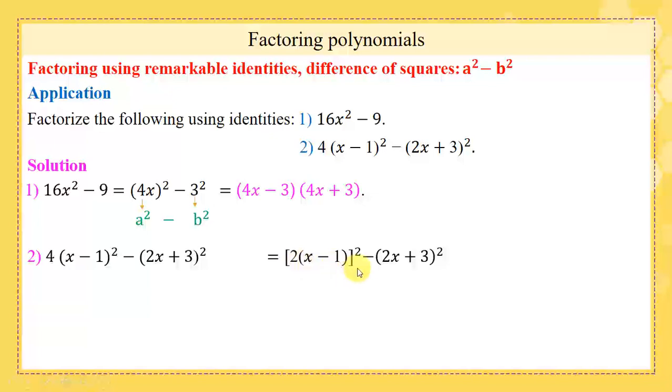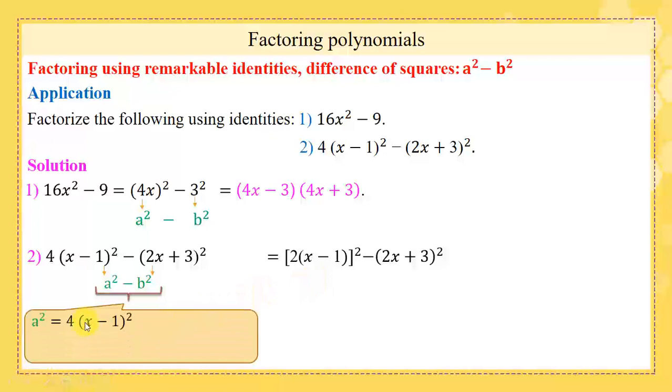Now we have a square minus a square, a difference of squares. Here, let us identify the term a and the term b. The term a squared equals 4x minus 1 squared, then a is 2 times x minus 1. The term b squared equals 2x plus 3 squared, so the term b is 2x plus 3.